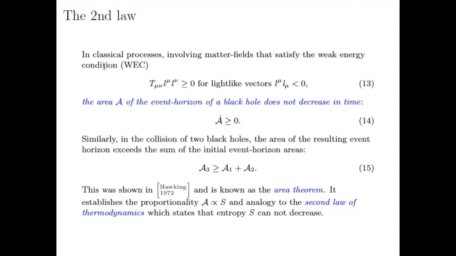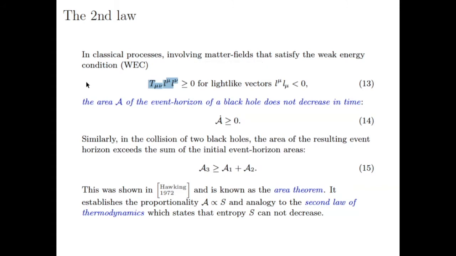And one of them is that you expect the energy to be positive. And what does that mean? Well, if you have an observer who flies through your space-time on any curve, the energy that this observer measures of the matter field is essentially given by the contraction of the energy momentum tensor with the tangent vector of the world line of that observer.